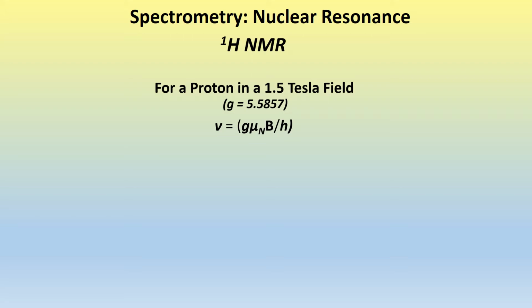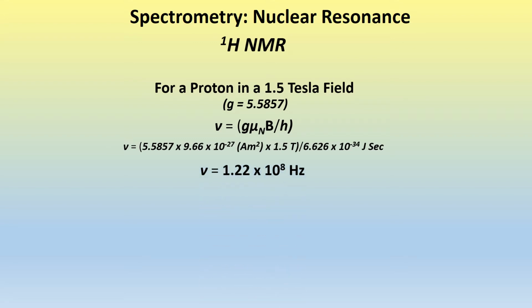In a 1.5 Tesla field, we have 5.5857 g times 9.66 times 10 to the -27th ampere meter squared for the nuclear magneton in 1.5 Tesla divided by Planck's constant, 6.626 times 10 to the -34th joule seconds, giving a precession frequency of 1.22 times 10 to the 8th hertz, or 122.18 megahertz.